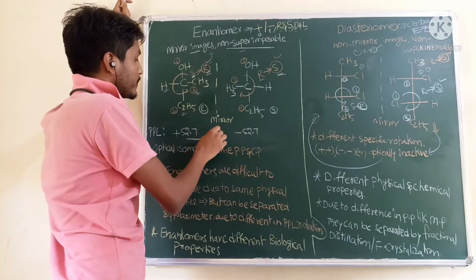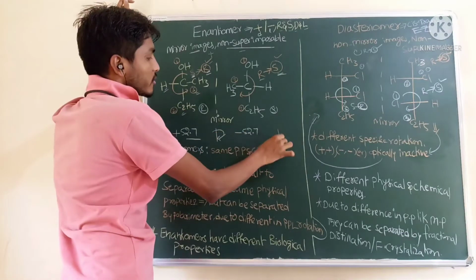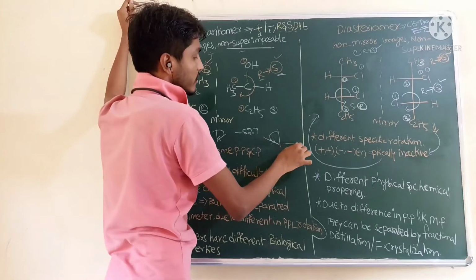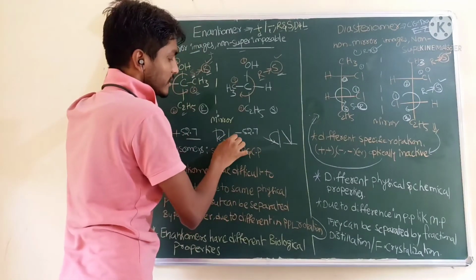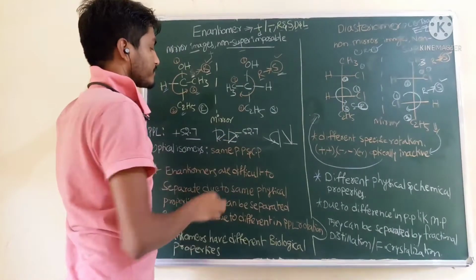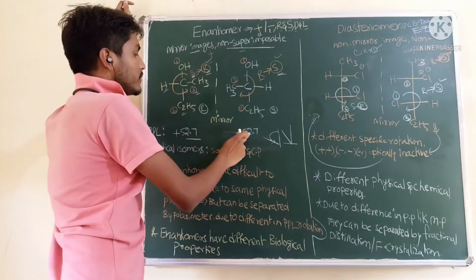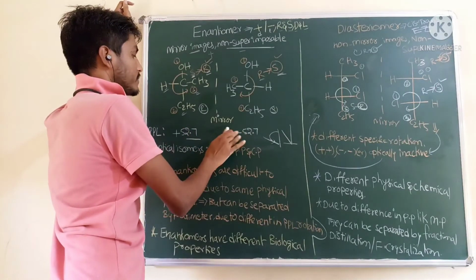This one will rotate positively at 52 degrees, but this will rotate the plane polarized light in the anti-clockwise direction. So they have the same specific rotation but different sign, positive and negative.